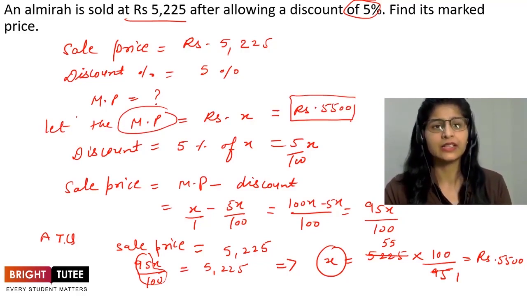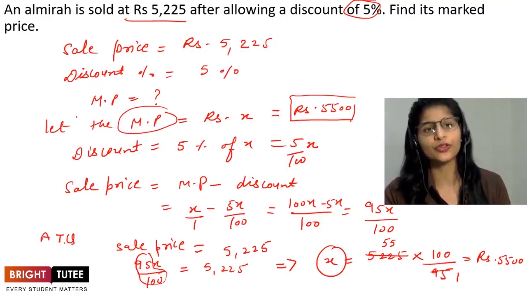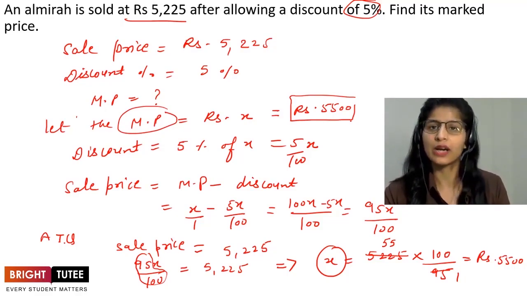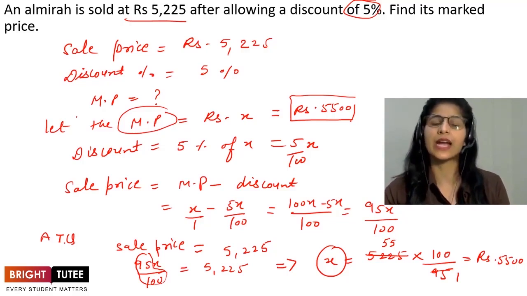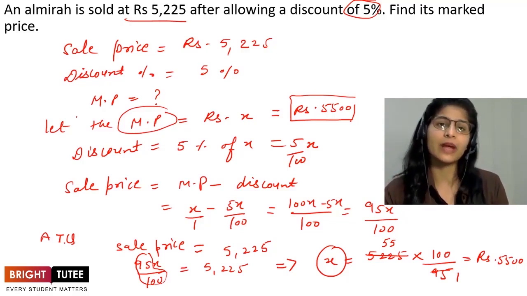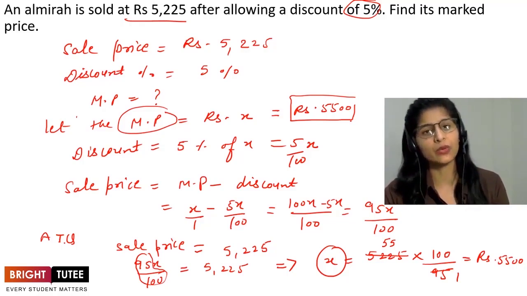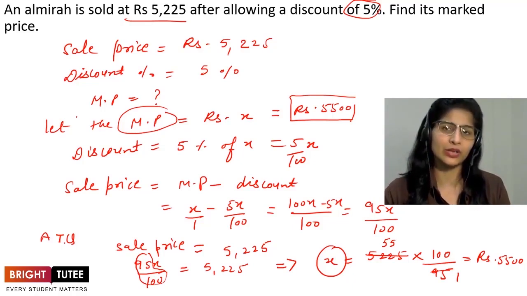Clear? And on this we gave a discount of 5%. That's why it was bought for rupees 5,225. Is that clear? So in case selling price is given and discount percent is given, we can calculate marked price. If marked price and selling price is given, we can calculate discount and so on. If two of the things are given, the third can be calculated easily.